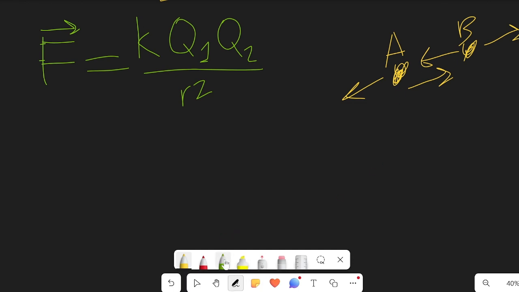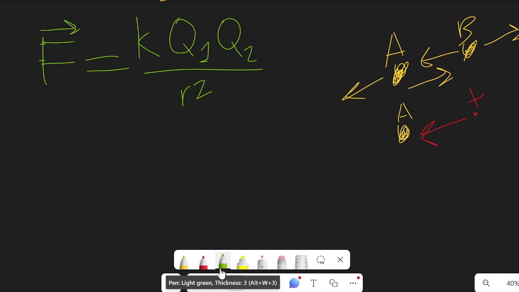For electric field, we are just looking at this point A, and seeing, if we placed a teeny tiny test charge in here, what would its force be? So essentially what we do here is to convert it to the electric field.